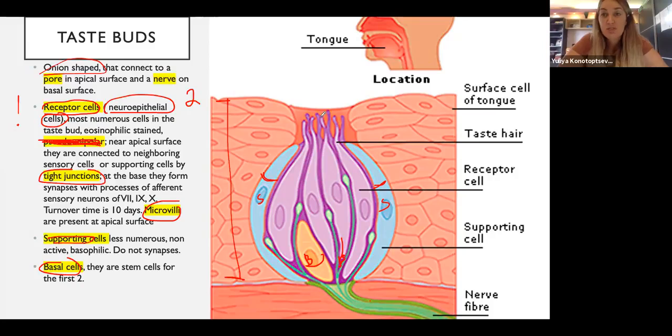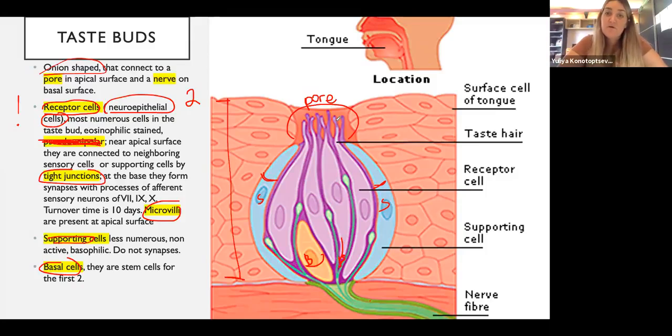Of course, it has to be the attachment of the food particle. So some kind of mechanical thing must happen for the release of the neurotransmitters. Very importantly, there is an opening here. This opening is called pore. Pore is the place where food particles go to, right?